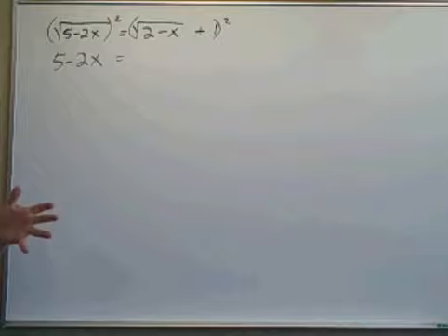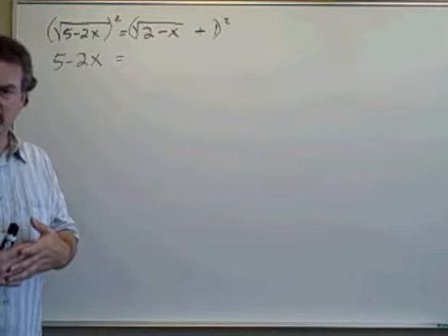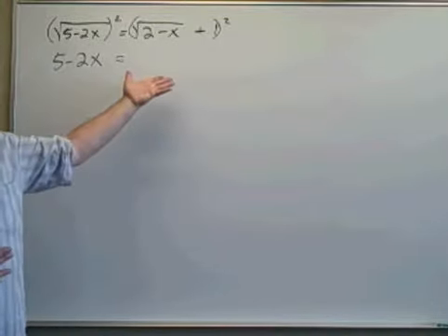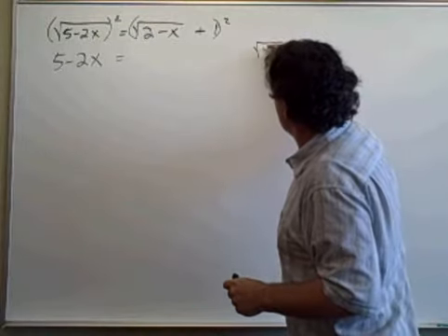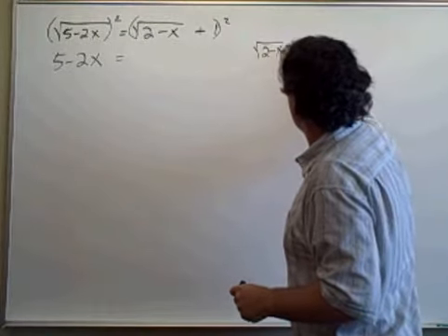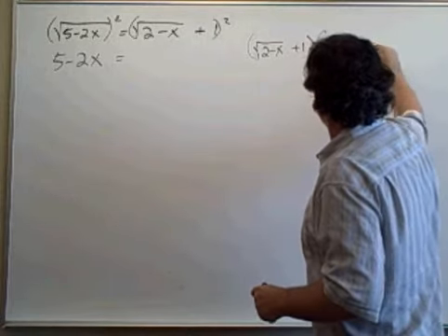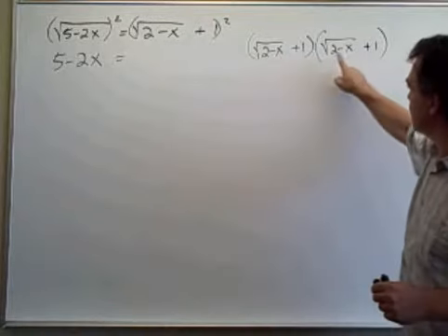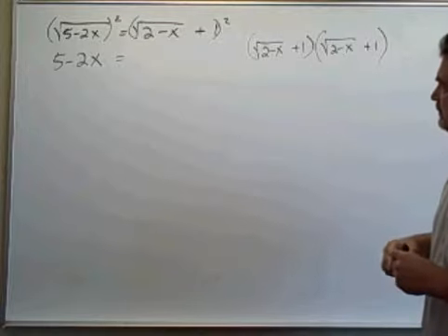Well, raising a binomial to a second power, as we saw in the previous video, is multiplying it times itself. So this becomes a problem of using FOIL to multiply the binomial times itself.